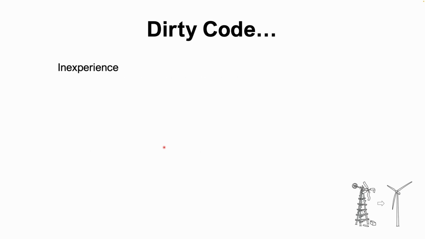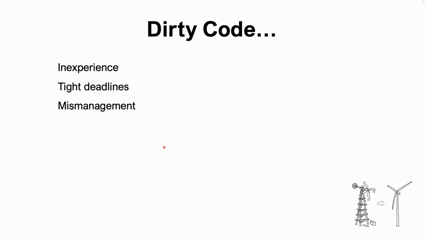Dirty code sometimes is the opposite of clean code, and this happens normally due to inexperience maybe, if you haven't programmed a lot, if you're on tight deadlines, you need to finish off the code quickly and just make it work. You might end up doing some hacks to make it work.